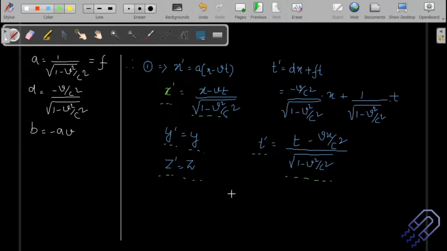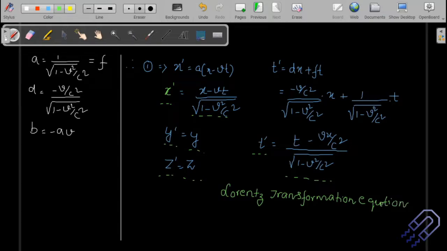These relations are called Lorentz transformation. So you see, whenever we are basically going to consider a speed of light, we do have a change in the relation for x and y, x and time.